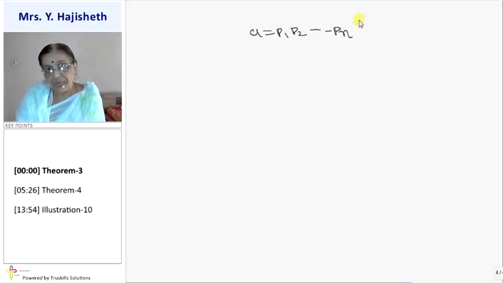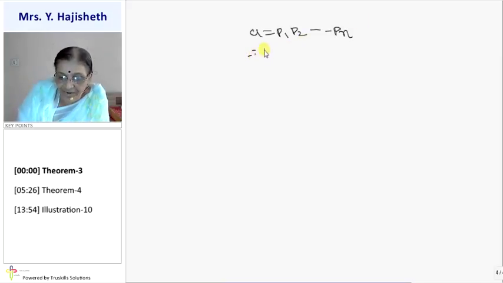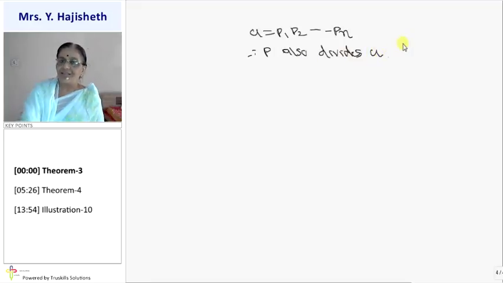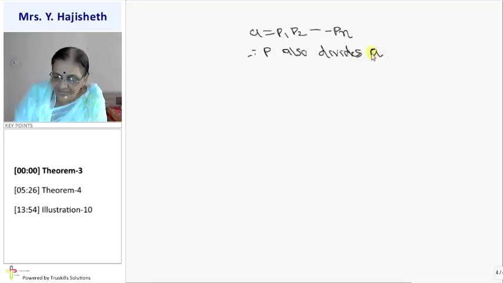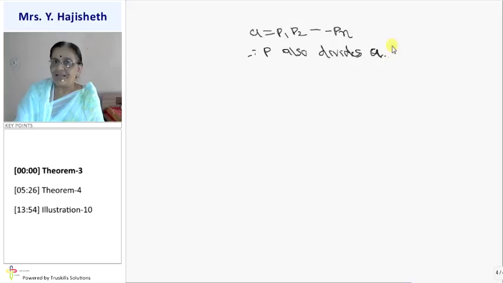So A is also P1, P2, Pn. So I can say P divides A also. If P divides A square, then P also divides A. This theorem I am using for proving many other results.